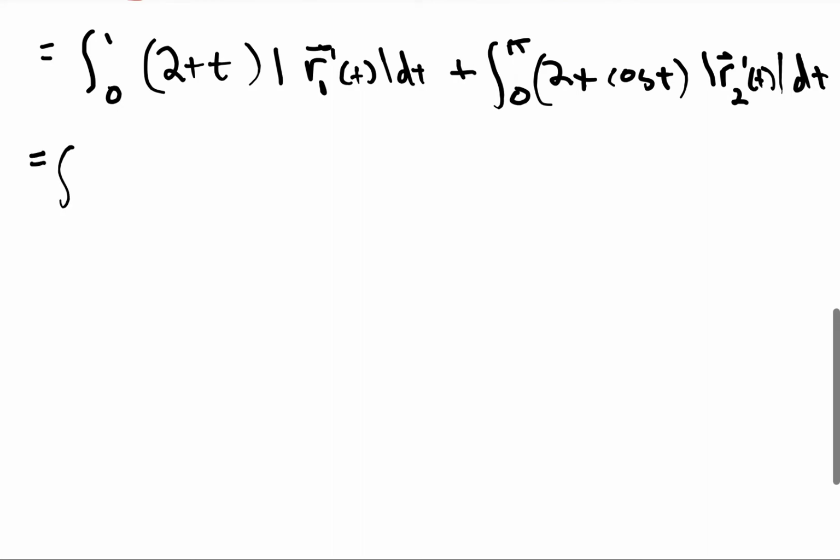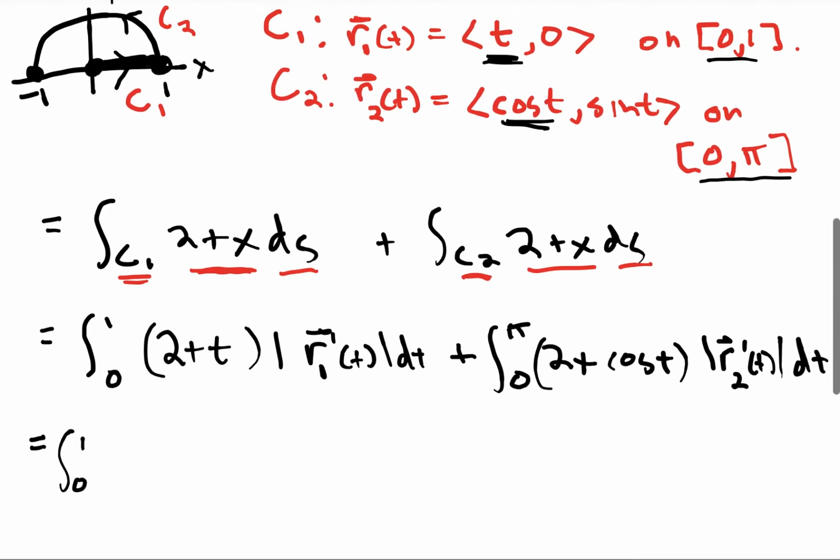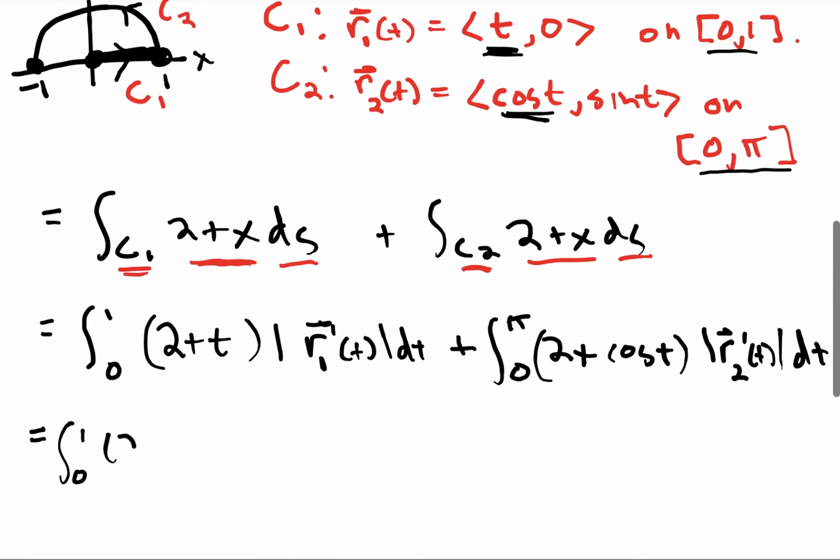If I crank through this here, for that first curve, actually let me scroll up so we can see this. If I'm worried about R1 prime, well, R1 with t comma 0, the derivative of that is just 1 comma 0.